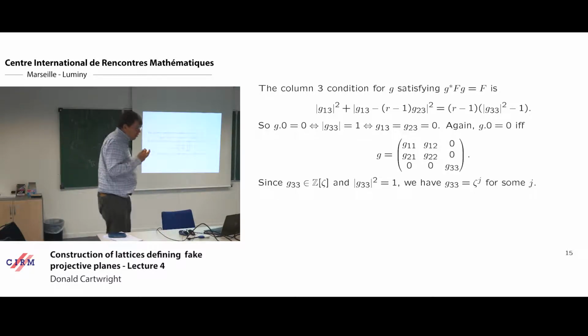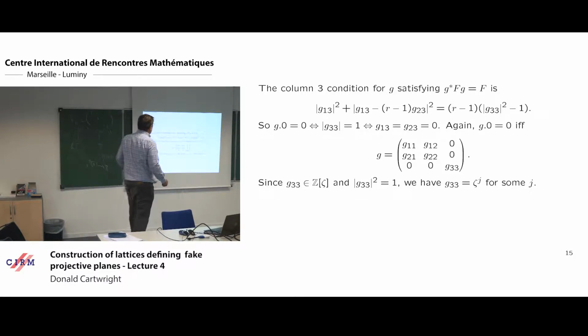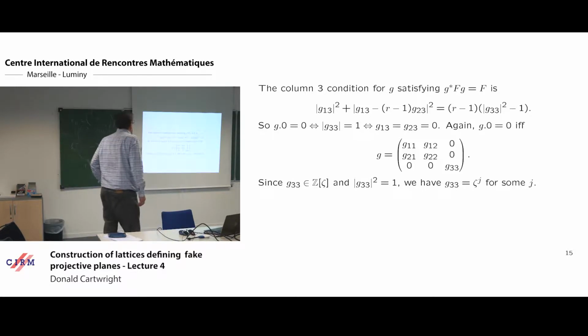So there's the column 3 condition, as I call it, which applies to elements of U21, and has an analog when you're dealing with G's satisfying this. And it's easy to write it down. It's again a condition only involving the elements in the third column.